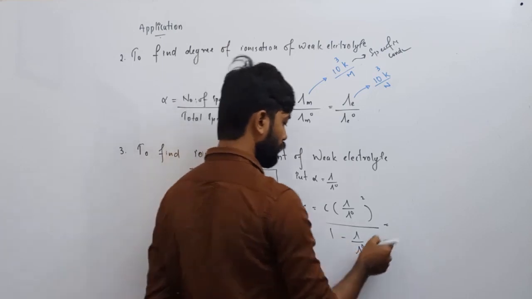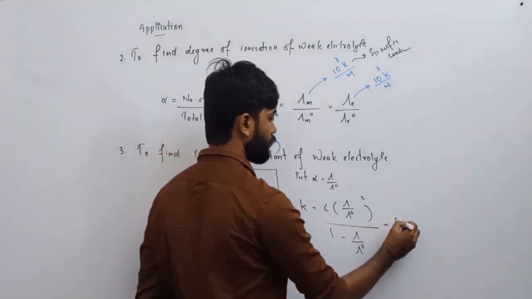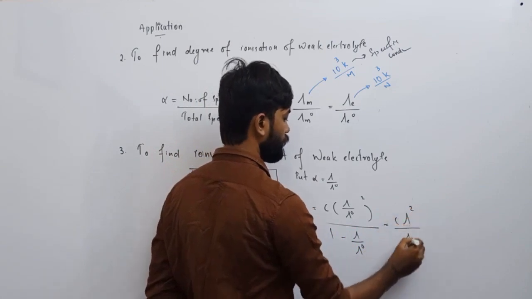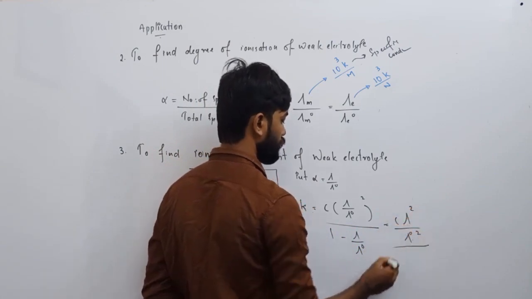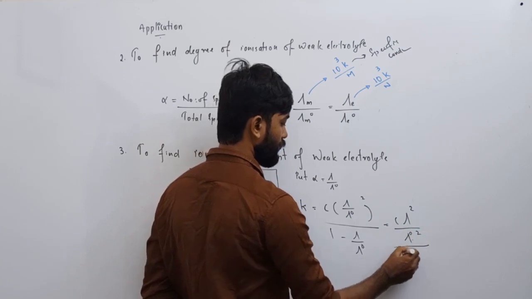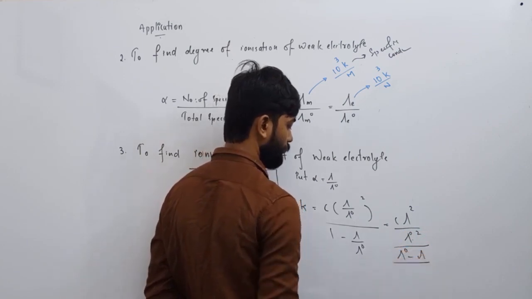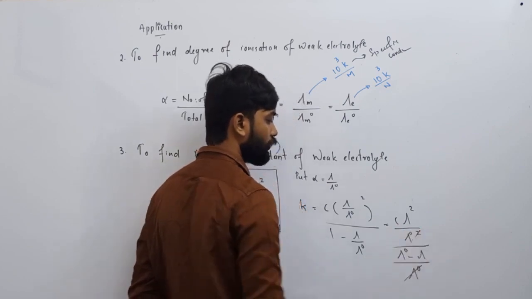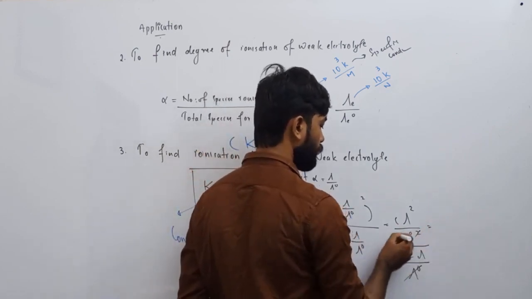By crossing the denominator, what will be the equation? C into lambda square by lambda 0 square divided by (lambda 0 minus lambda) divided by lambda 0. This lambda 0 square is cancelled, and one lambda 0 will be here.